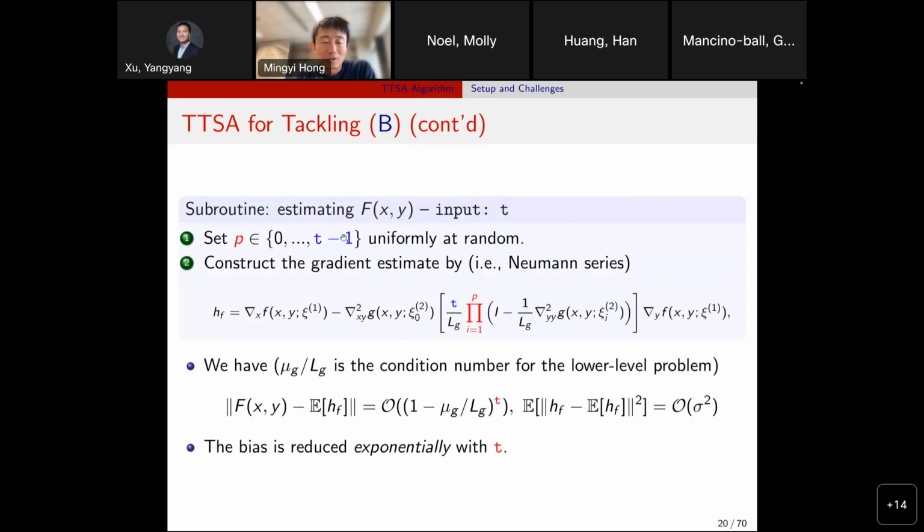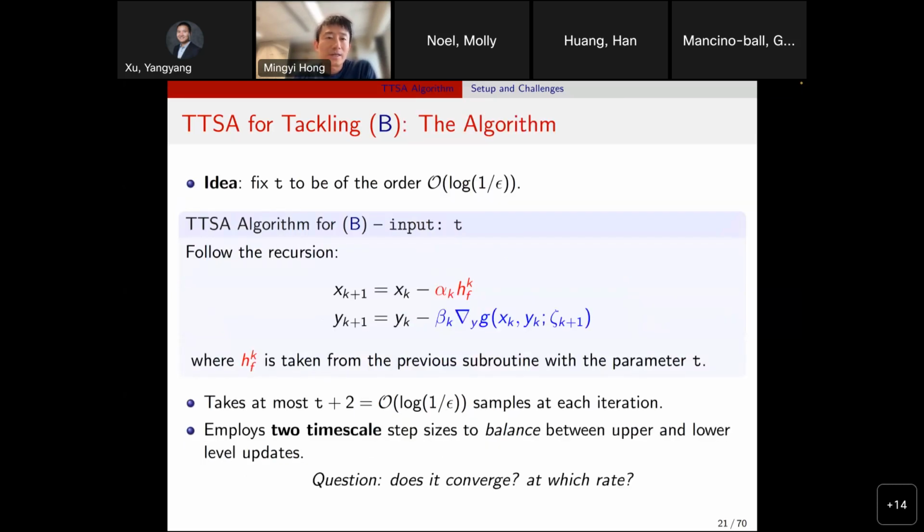T is basically the total number of samples we are going to draw for the Hessian. So as t becomes large, the error becomes small, and we can also show that the variance is bounded. So the bias here is reduced exponentially with respect to t. The idea is that we fix t to be on the order of log 1 over epsilon, where epsilon is the error you want. Therefore, the bias is not too much.